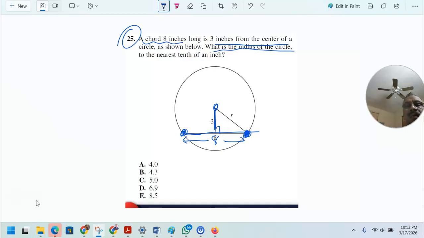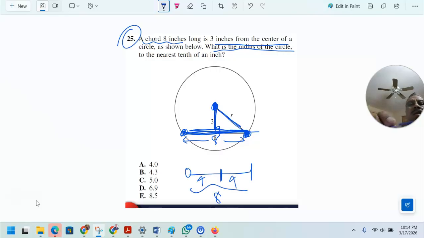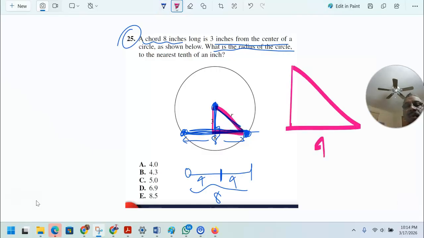Remember, the perpendicular from the center always bisects the chord. That means if this is 8, this becomes 4 and 4. So you have a triangle here, which is 4, 3.